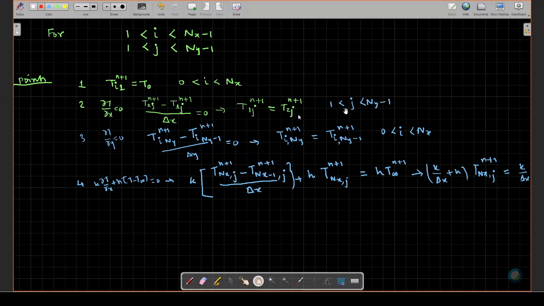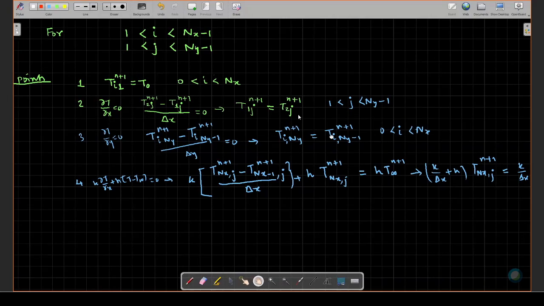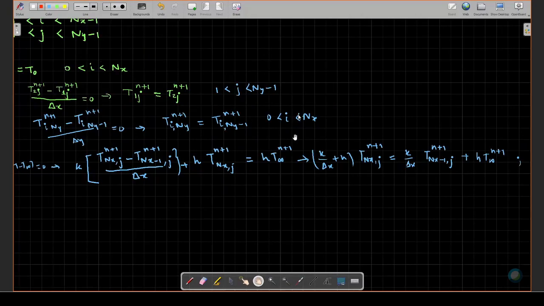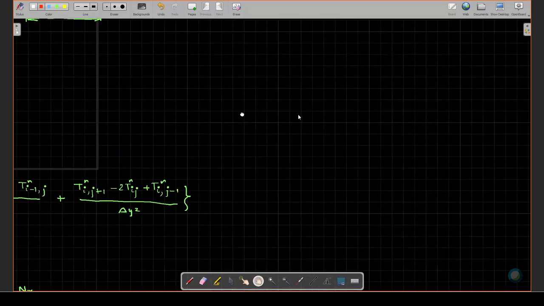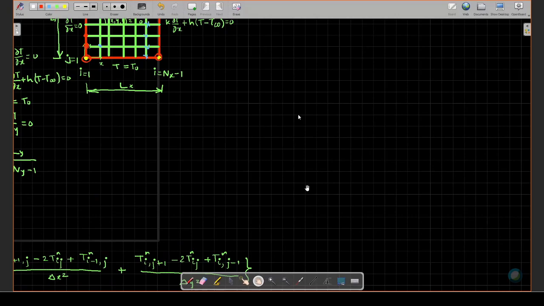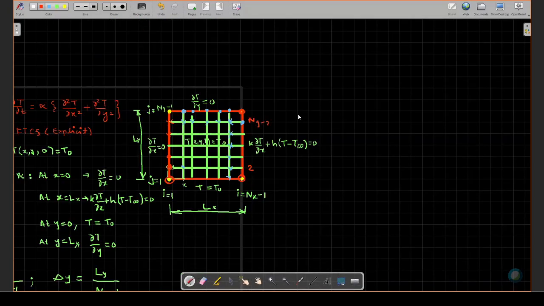This is actually 2 to ny minus 2, less than, there is no equal to sign. Similarly here also, this is from 2 to ny minus 2. Ny minus 2 is this. This is actually a 2. This is a 2. And this is ny minus 2. And this is ny minus 1.